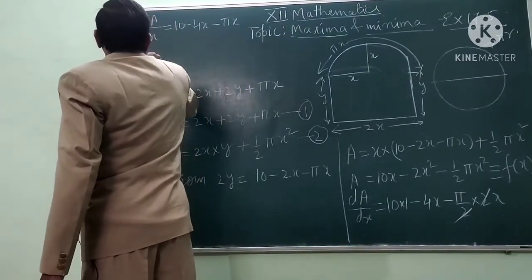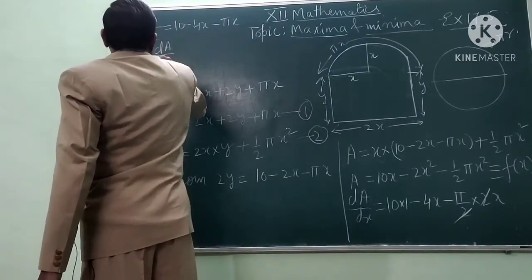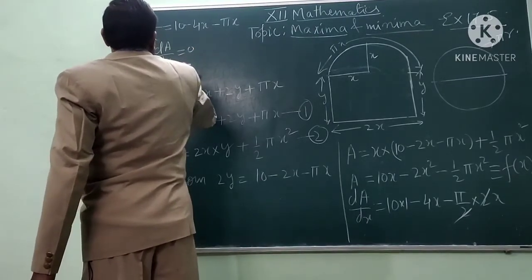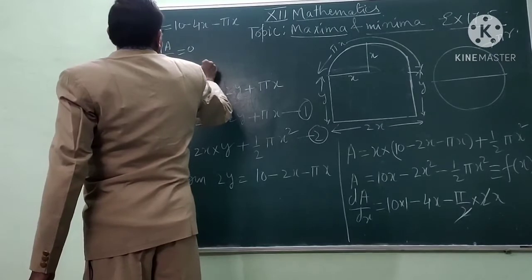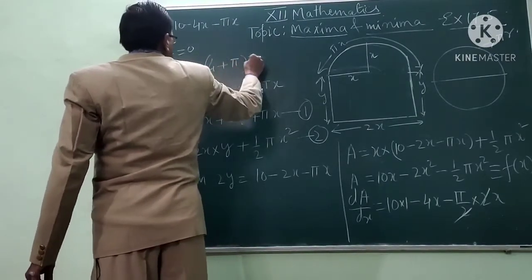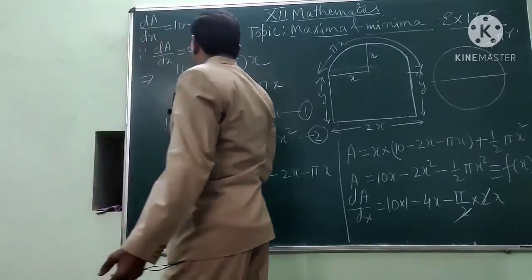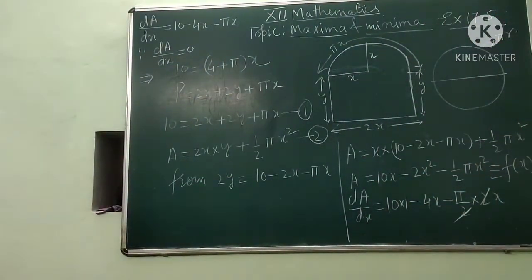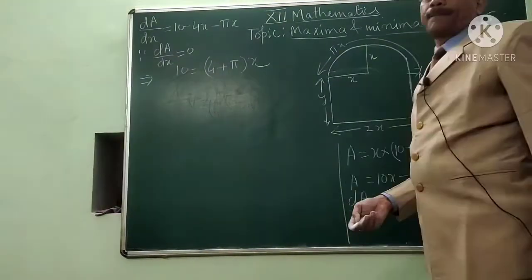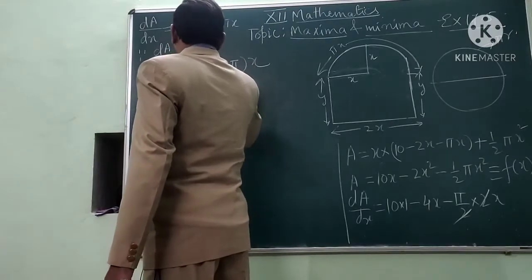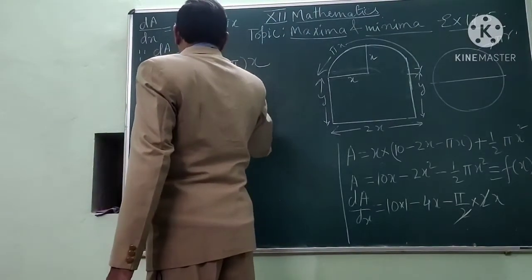Since dA over dx is 0, therefore we get 10 equals 4 plus pi into x, and the value of x will be 10 upon 4 plus pi. Therefore x equals 10 upon 4 plus pi.